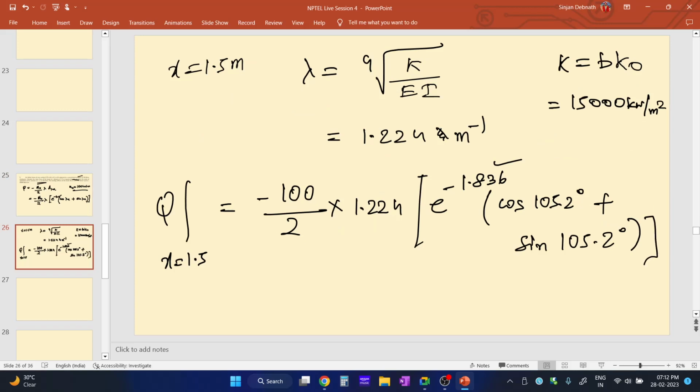If you solve this, you will get the shear force equal to minus 6.86 kilonewton. Minus is just the direction of the shear force. So this is the answer.